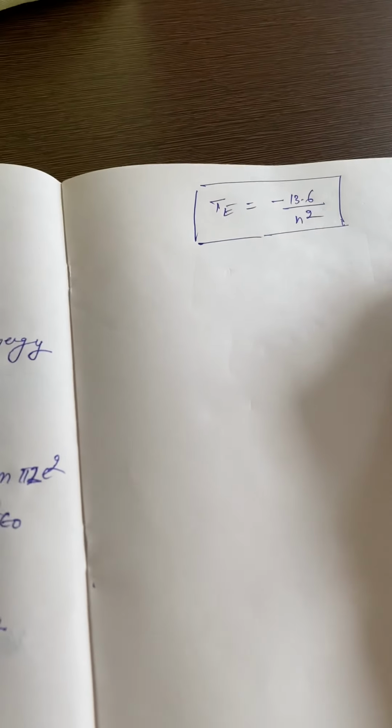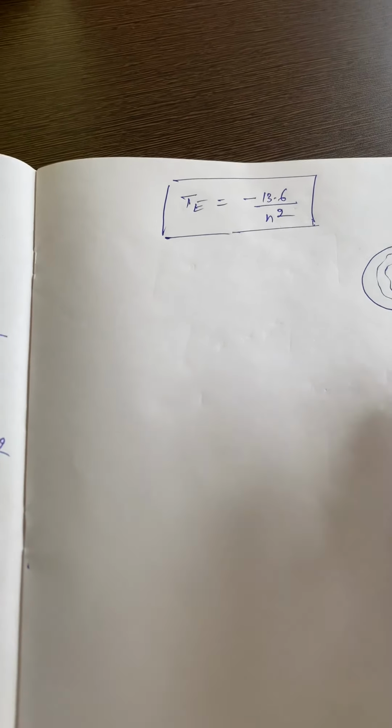Now, in an atom we have a nucleus surrounded by orbits. This is the nucleus, and these are the orbits. n is equal to 1, characterized by quantized energy levels, n is equal to 3.